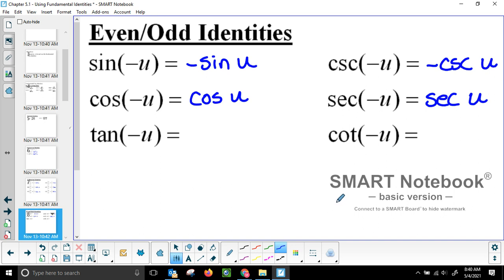Tangent is an odd function, so the negative will show itself out front here. And of course, cotangent is the reciprocal of tangent, so cotangent is odd as well, so the negative will come through.